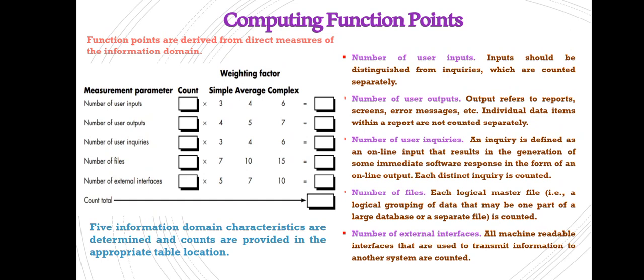Any interface in machine readable form that is used to transfer information from one system to another system is counted. Hope you understood computing function points, where we can calculate the FP values depending upon the count total.